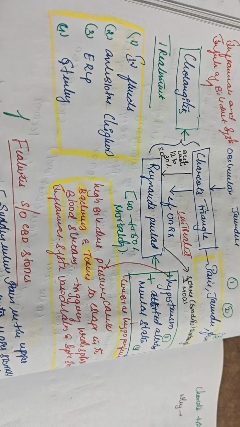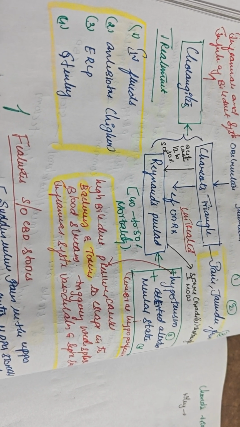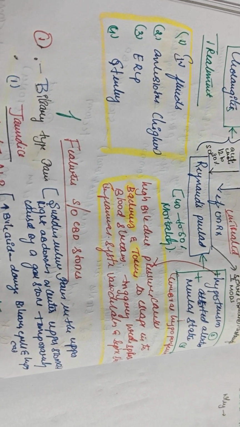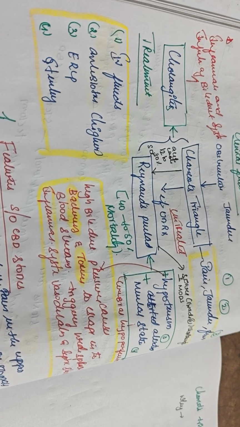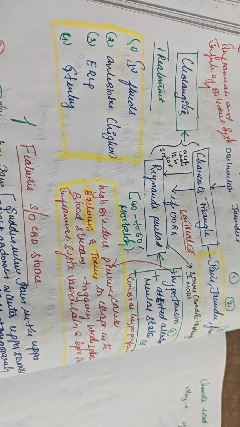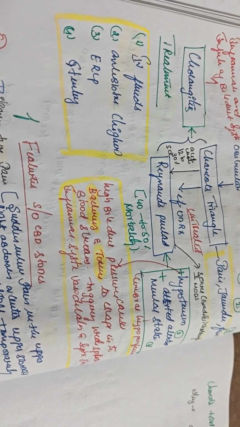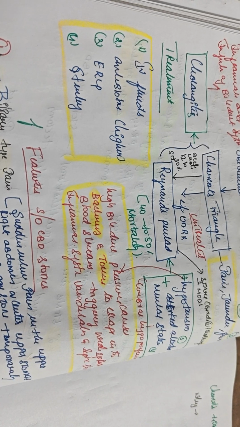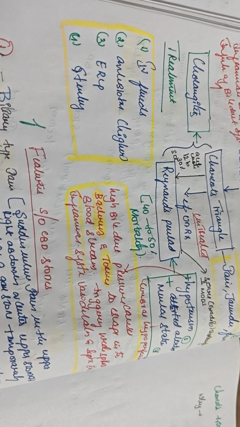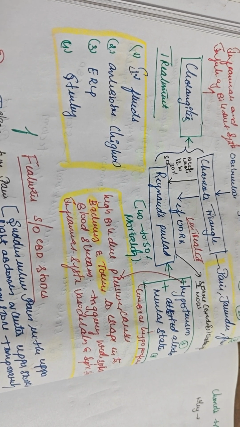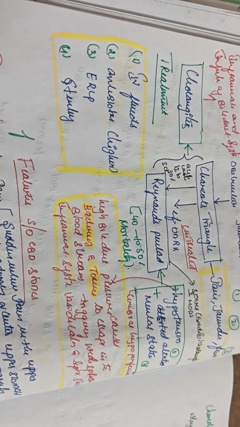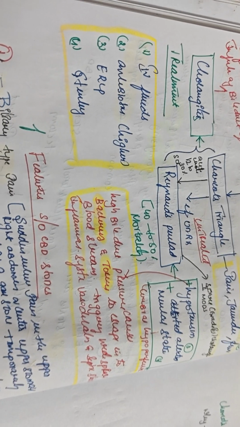And these Charcot's triad and Reynolds' pentad cause an infection or inflammation of the CBD, and they lead to cholangitis. Right. Now, how do you treat such patients? Since there is hypotension, you give IV fluids. Since there are bacteria in the blood, you give high antibiotics, and you do something known as ERCP, right? You do an ERCP, and you can also do a stenting here, right? You can do a stenting.